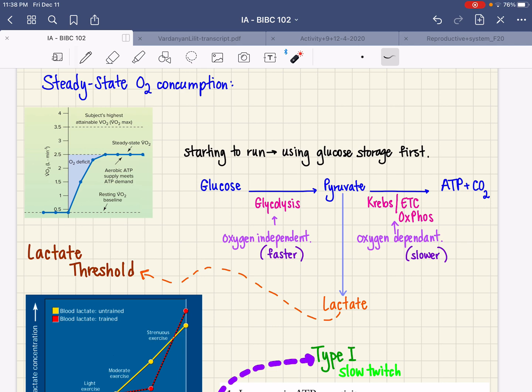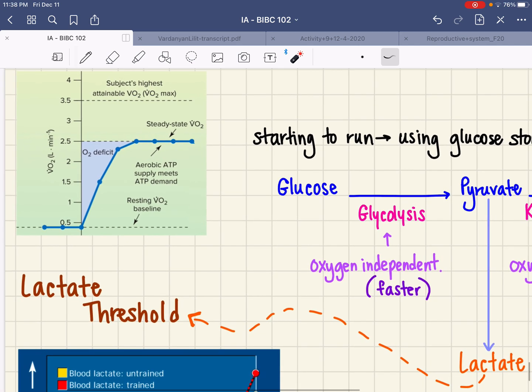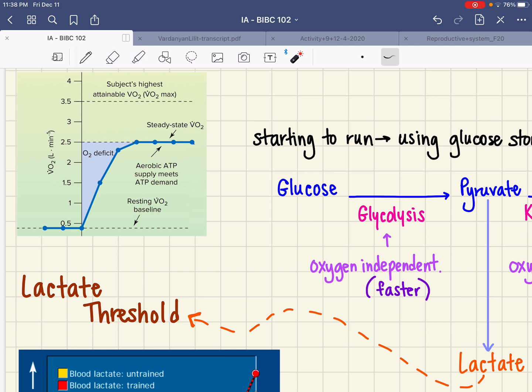Okay? So this graph shows that exact thing that I just explained, right? I'm sitting in my chair, and then I get up and I say, I'm going to start walking. But when I start walking very fast at first, I start to have an oxygen deficit, right?